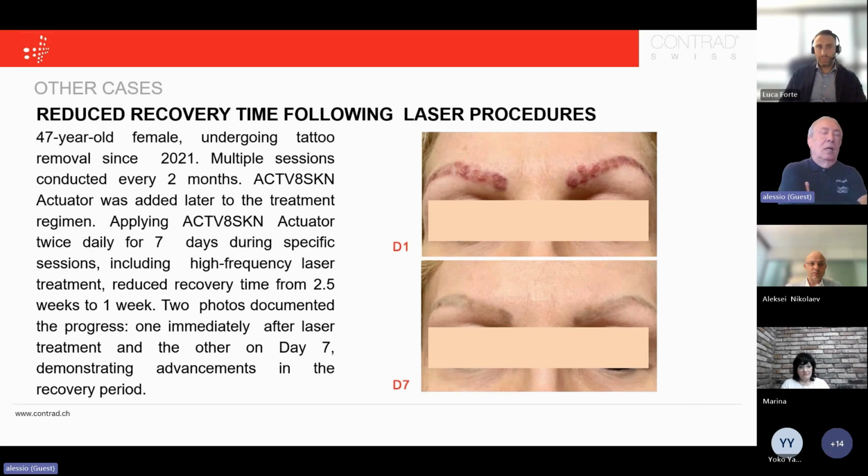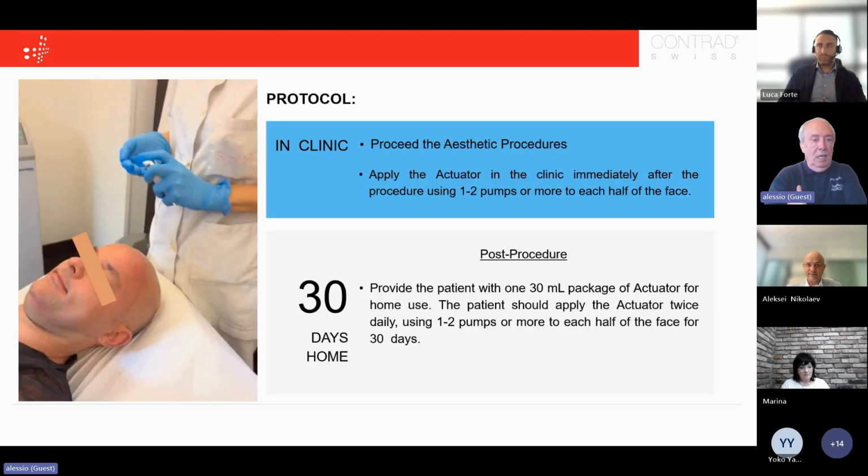Also other cases, for example, after Q-switched Nd:YAG laser for a tattoo of the eyebrows, where the Activate Skin Actuator was used twice a day for 7 days, and she had a very good outcome. These are the photos immediately after laser treatment and after 7 days, totally healed.